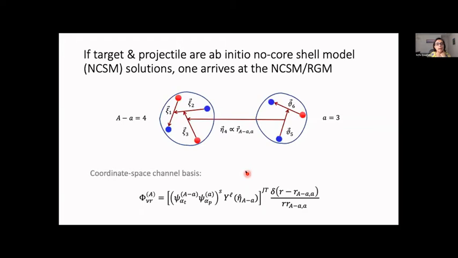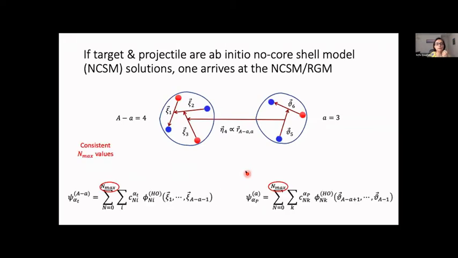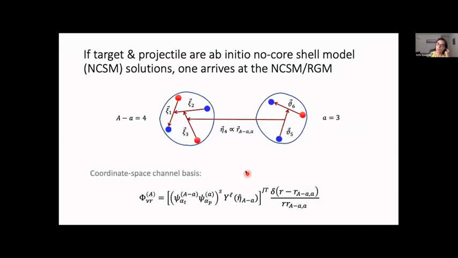Now, using these no-core shell model eigenstates of the target and the projectile, we can build what one calls coordinate space channel bases, that basically are simply coupling these eigenstates to a spin channel, and then we couple them to angular momentum. We can now use these channel bases as a basis to represent the projectile-target wave function in the internal region.